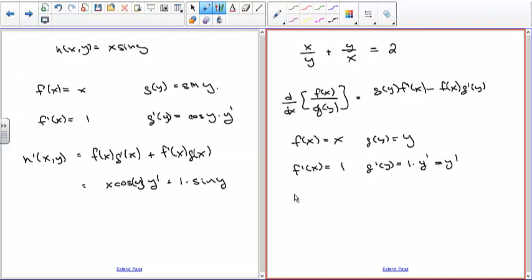Now, in the second case, the numerator is a function of y, so you get y, and the denominator is a function of x, so you get x. So when we take f prime of y, we'll get 1 times y prime, and g prime of x equals 1.